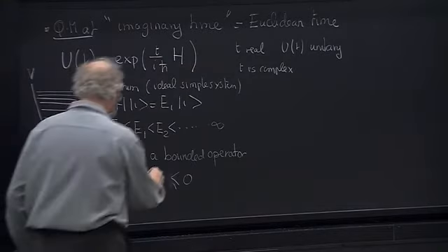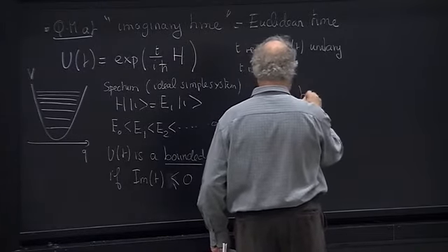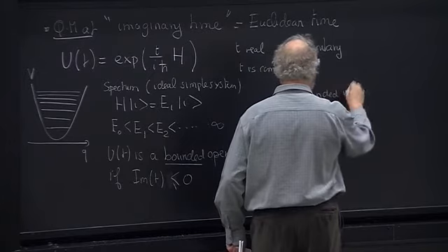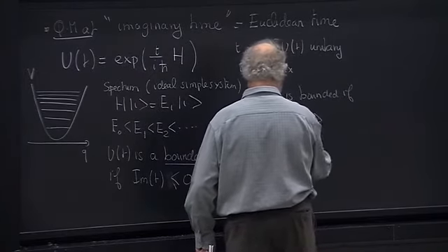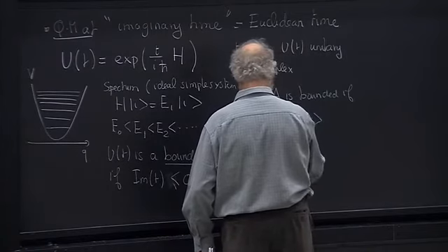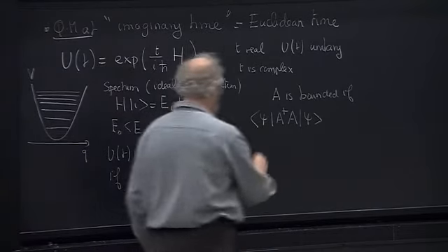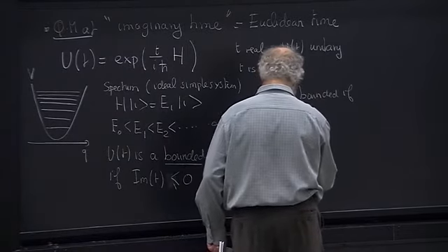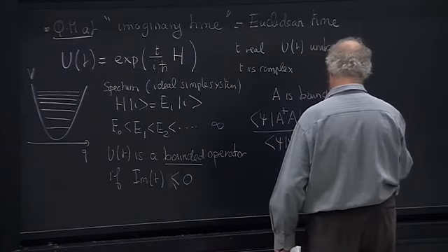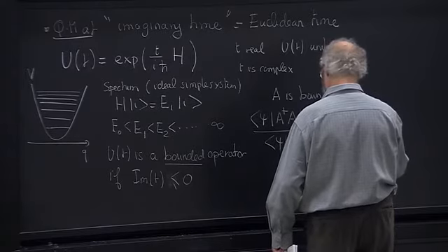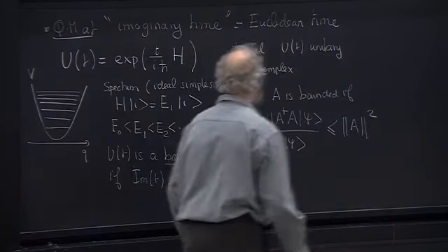And by bounded operator, an operator A is bounded if, when I consider a state psi, I apply A times A dagger times psi, because A doesn't need to be Hermitian, and I define this by the square of the state, it is always bounded by some finite number, which is called the norm squared of the operator.